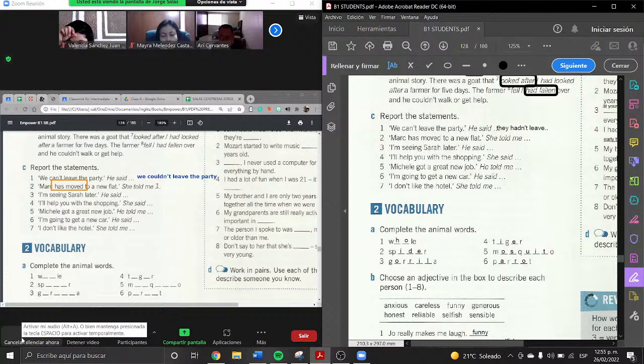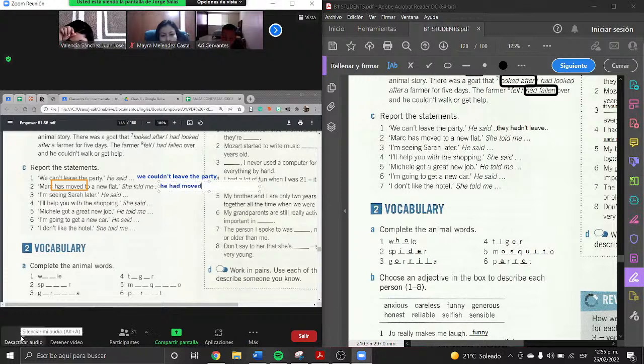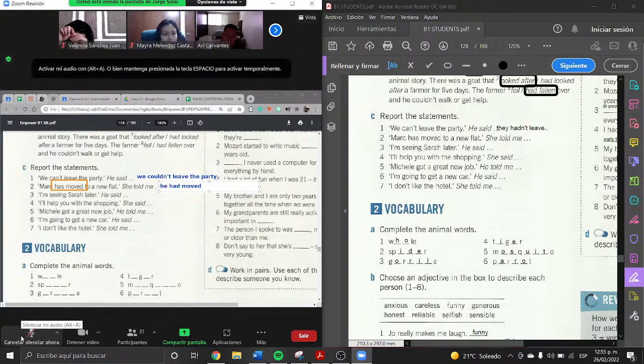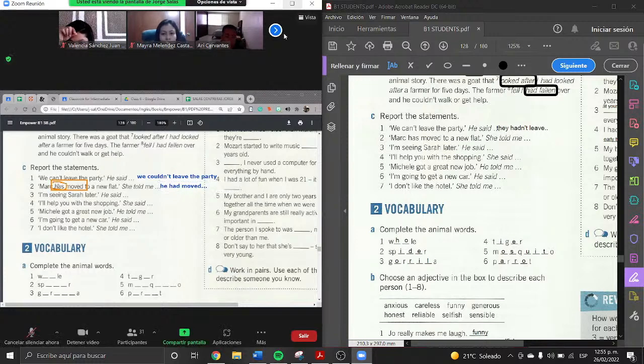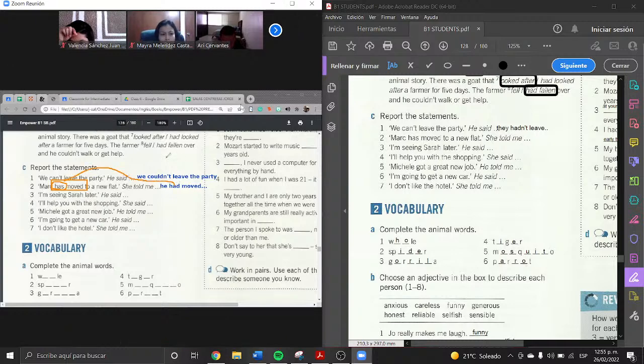So it will be something like she told me he had moved to a new flat. Remember that the change is from present to past. He has money. He had money. He has moved. He had moved.